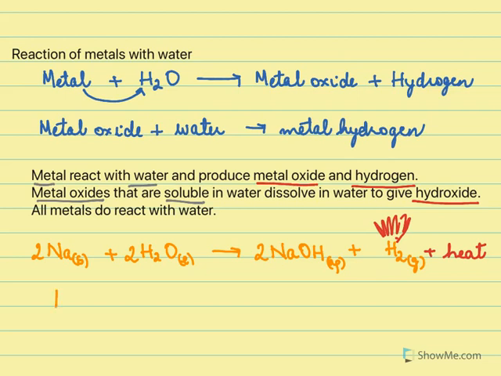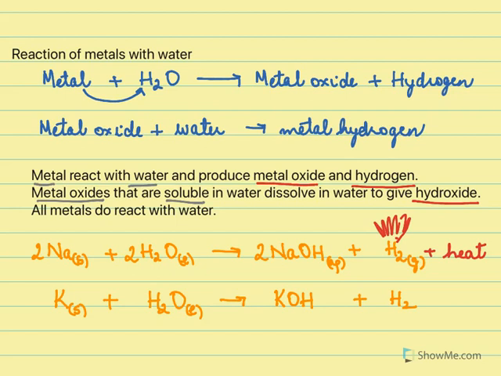And the same thing happens when potassium reacts with water. You get potassium oxide with hydrogen. But the potassium oxide now further reacts in water. It is soluble in water to give you potassium hydroxide. Potassium is solid.